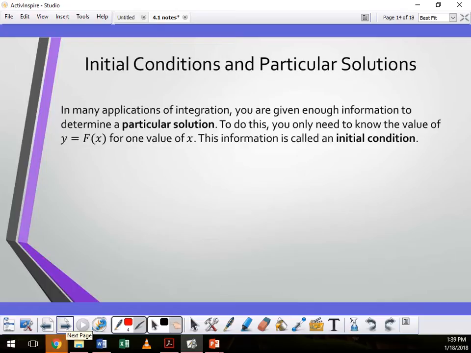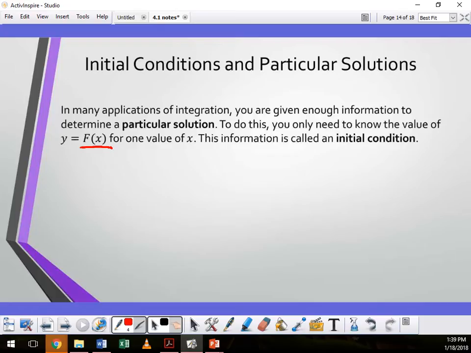What it means when it's asking for initial condition is to solve for the C. So in this case, my function starts with, what did I say the capital letter stands for? It's the integration of whatever I have.